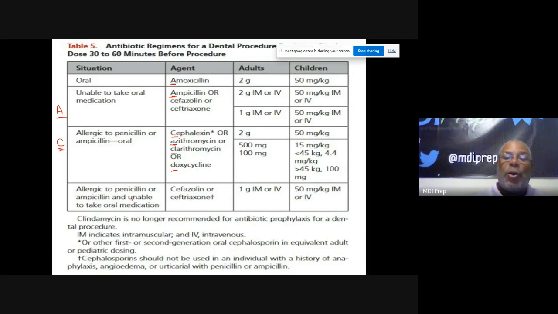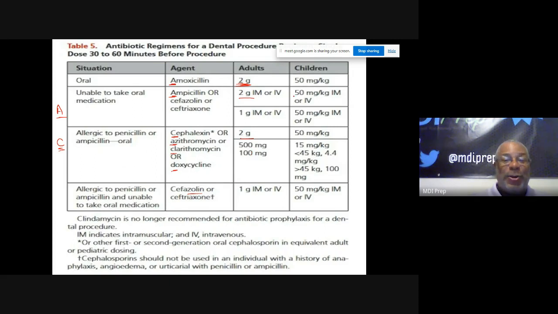Cefazolin is also a first generation cephalosporin, but the only thing you want to remember is the dosing. The number 2 is easy to remember: 2 grams. Okay, everybody see that? So for the most part, it's going to be 2 grams.